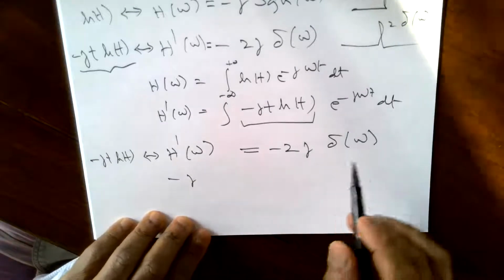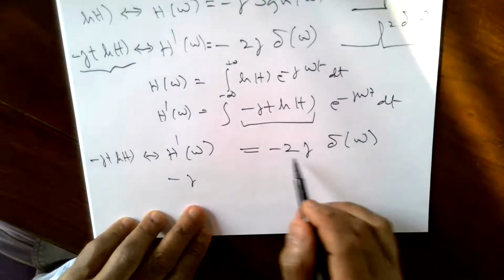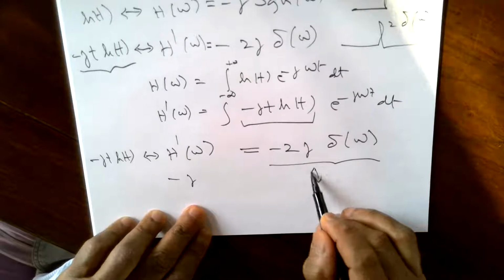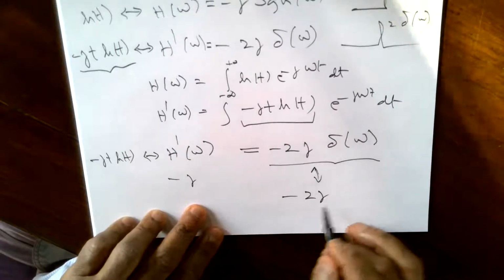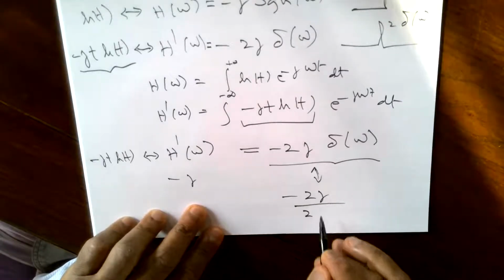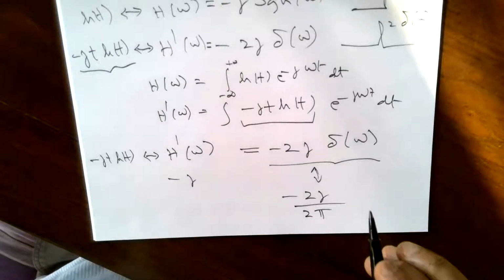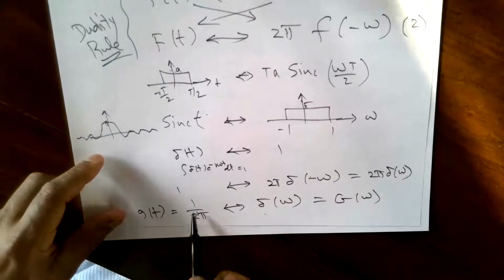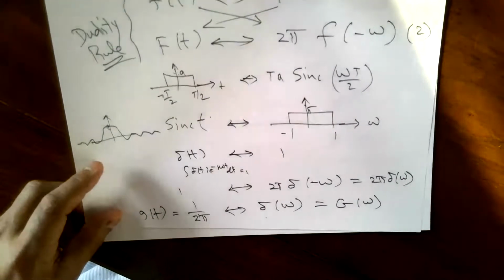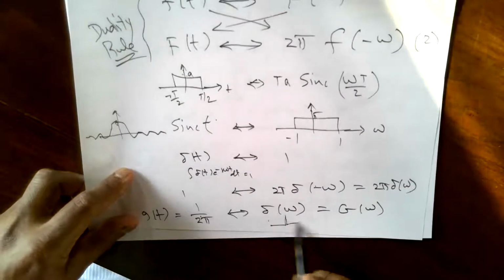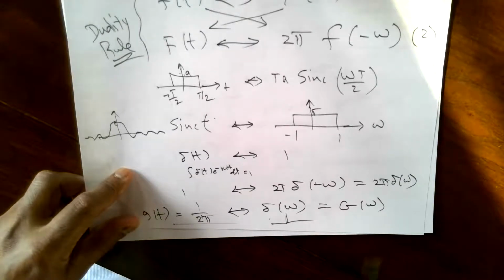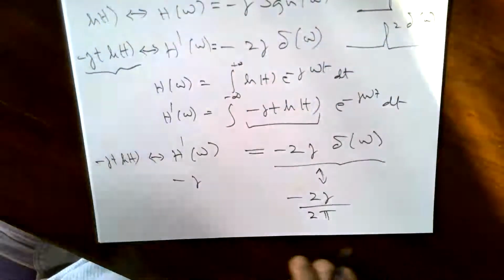If you look at the inverse transform of this, it is going to be minus 2j times 1 over 2π from that previous graph. Delta ω has an inverse transform of 1 over 2π. So an impulse function here is a DC essentially.